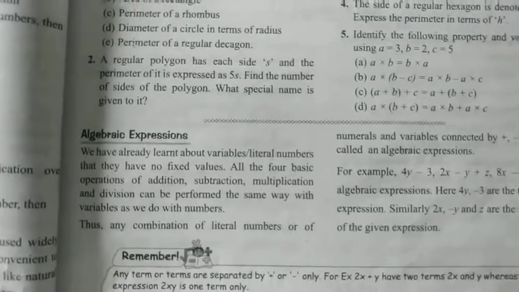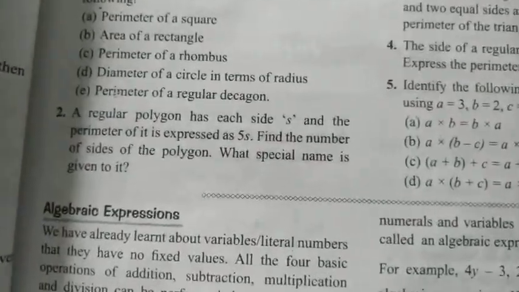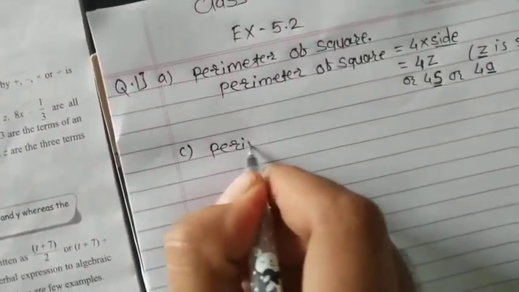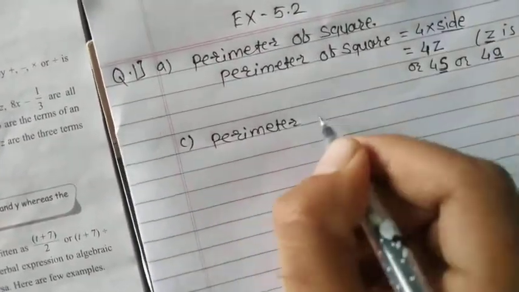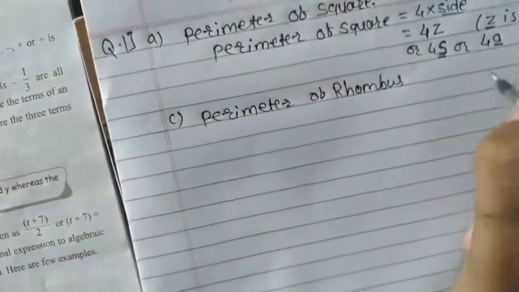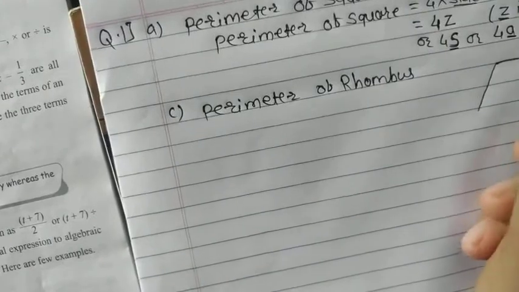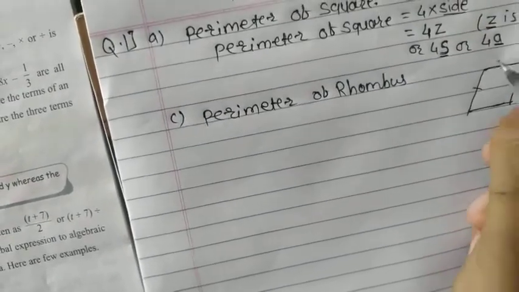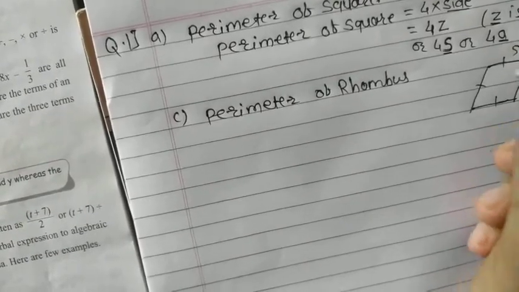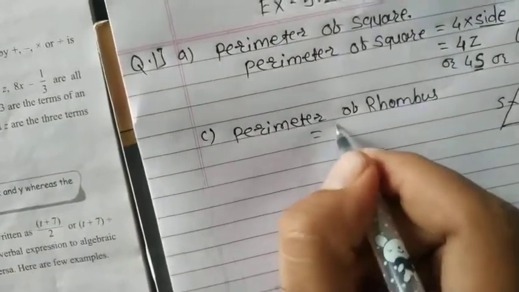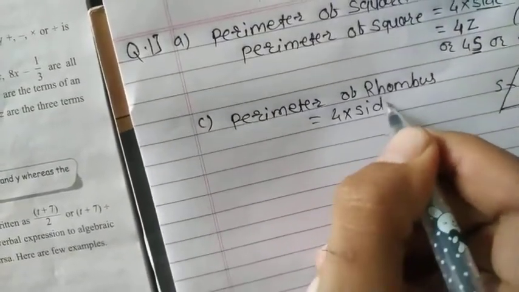Let's see again. Third one is, you can find the second one. Third one is perimeter of rhombus. So a rhombus is just like a square, whose all sides are equal. So perimeter of rhombus is equal to 4 into side.